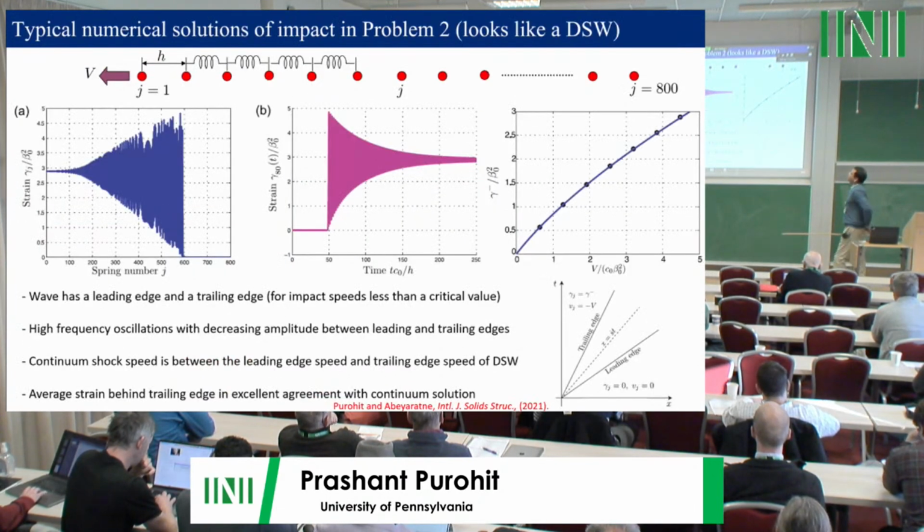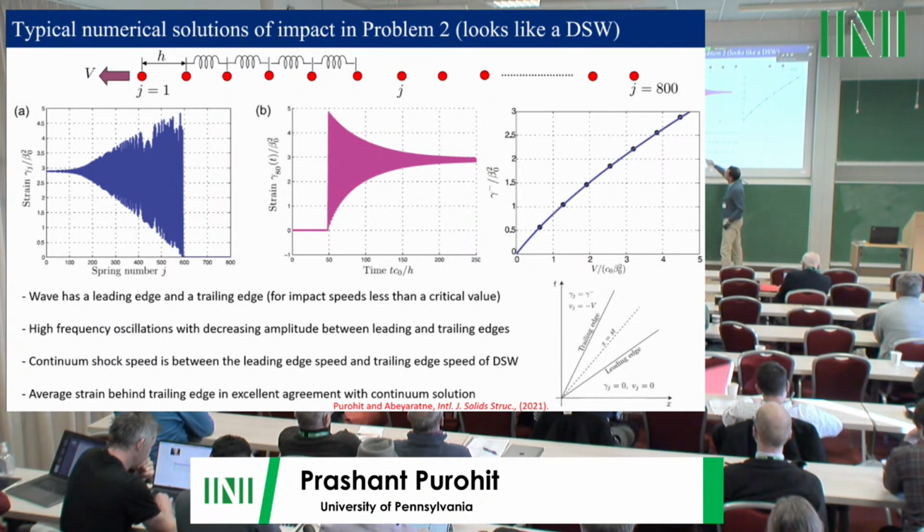So when you integrate the system of equations, what you see is a situation like this. Initially, all the springs are at a distance h from each other. Delta is equal to 0. So this is the initial condition of the string. I've taken a snapshot in time at one particular instant. And what I find here is that there is a front that is propagating into the sample.